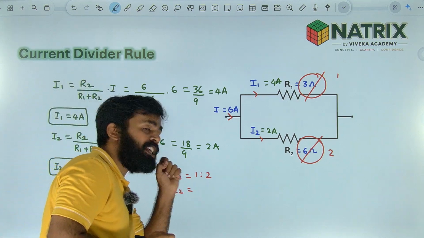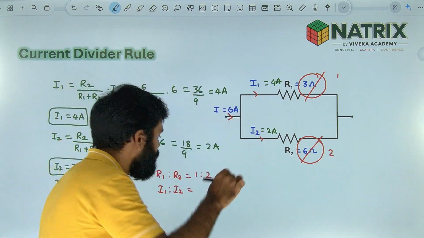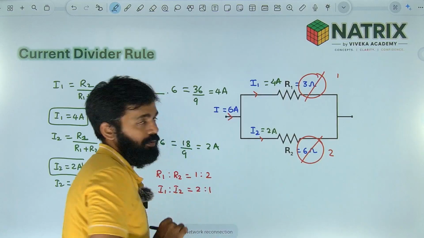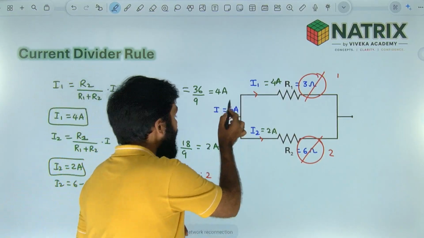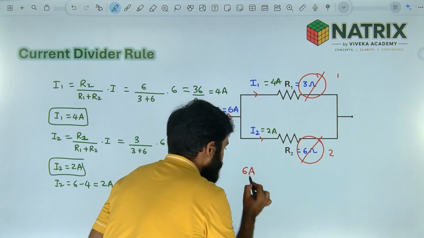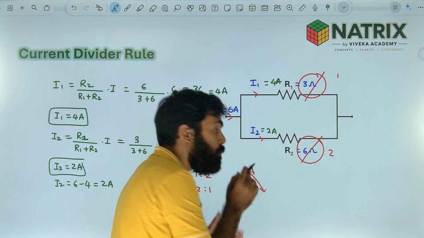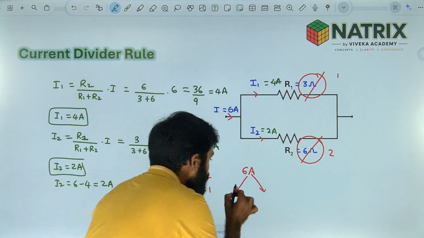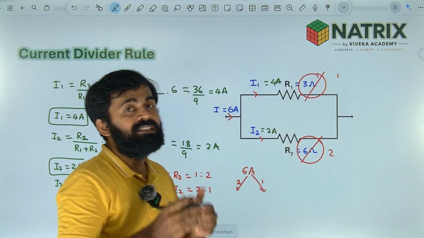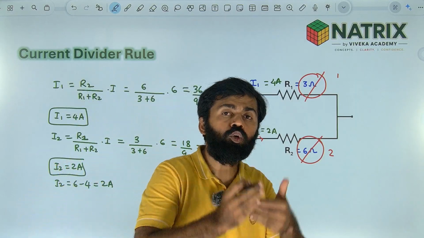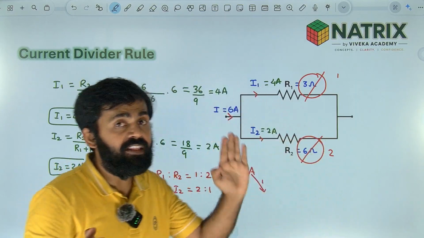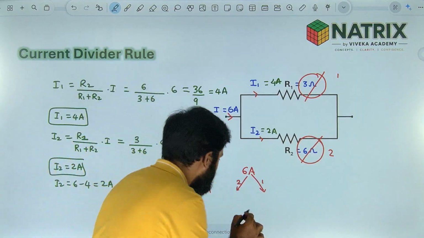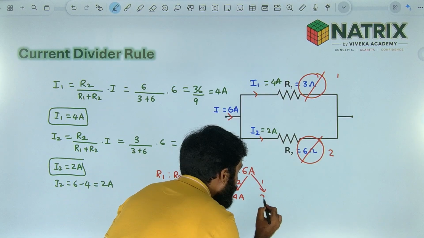If resistors are in the ratio 1:2, currents should be in the ratio 2:1. What do I mean? You have 6 ampere current. You divide this into 2 parts in the ratio 2:1. I want you to divide 6 into 2 parts such that they are in the ratio 2:1. What are the numbers? 4 ampere and 2 ampere.